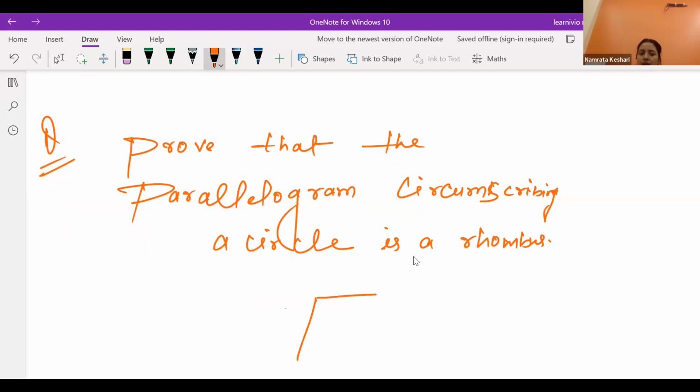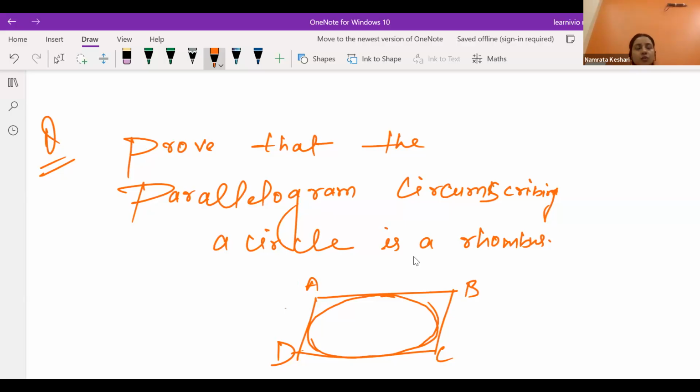A parallelogram we are having, ABCD. It is circumscribing a circle. Maybe it looks like this. We have to prove that this parallelogram is a rhombus.